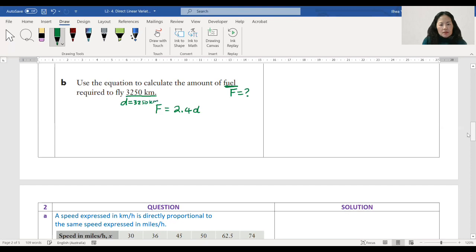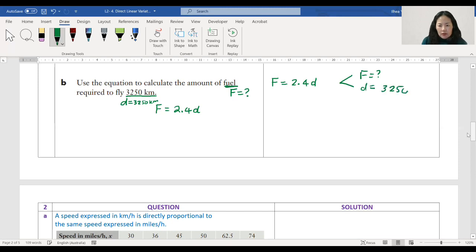So in the solution, I'm going to go F equals 2.4D and find F when D equals 3,250.